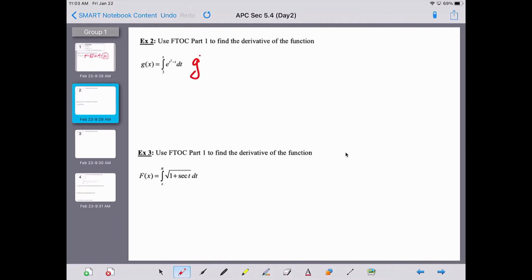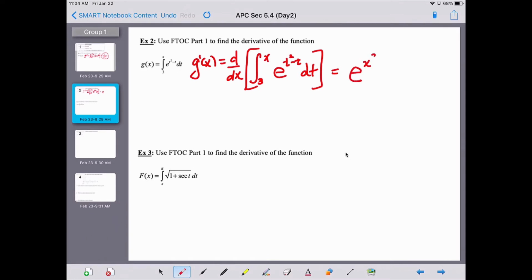So once again, g prime of x is going to be the derivative with respect to x of the integral from 3 to x of e to the t squared minus t dt. And once again, this just gives us back e to the x squared minus x as our derivative of our integral.